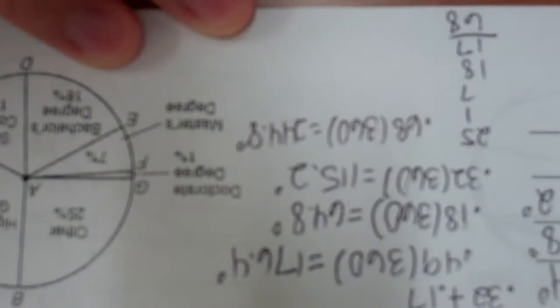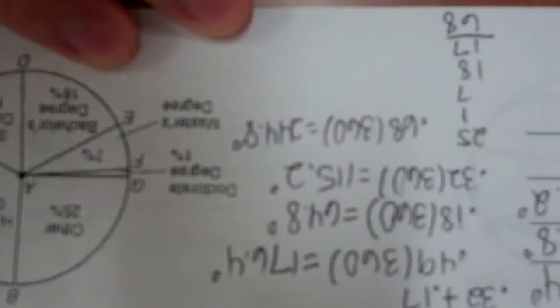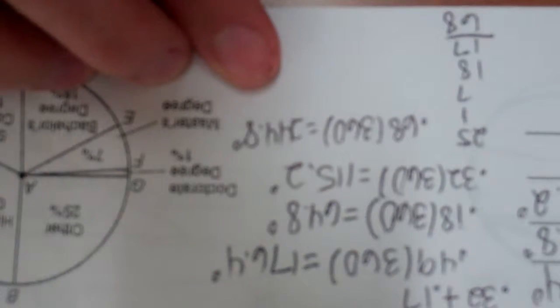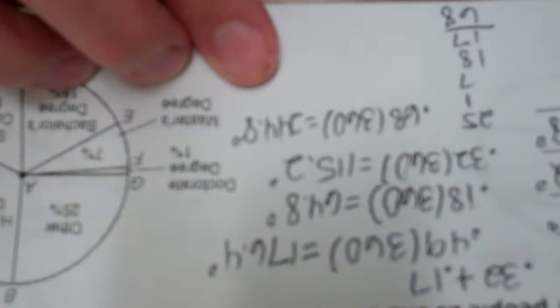That's 68%. We're going to do 0.68 times 360. So all of that accounts for 244.8 degrees. Okay, next page.